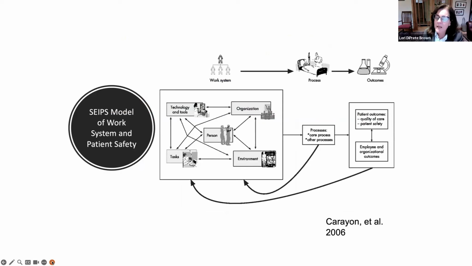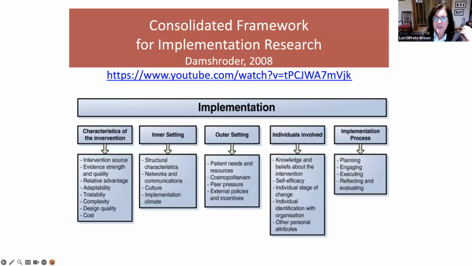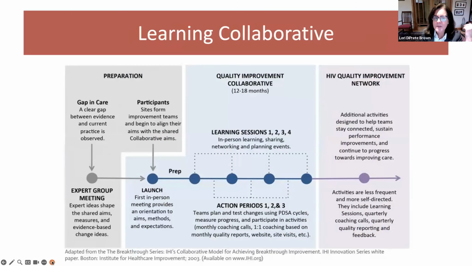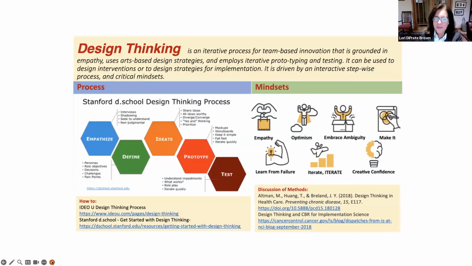And again, this kind of thinking is a little more localized, but you can think about how technology and tools and different kinds of system elements relate to the SDGs. Implementation science, again, this framework can be used in this context. Learning healthcare systems and collaboratives. Design thinking is an approach to designing change that involves, guess what, processes and mindsets.